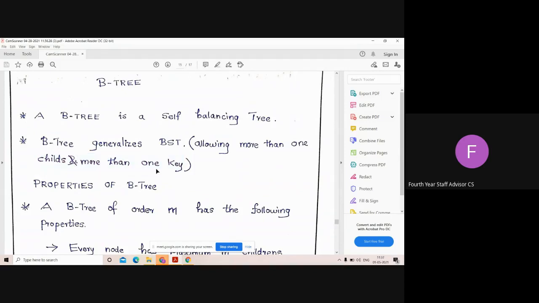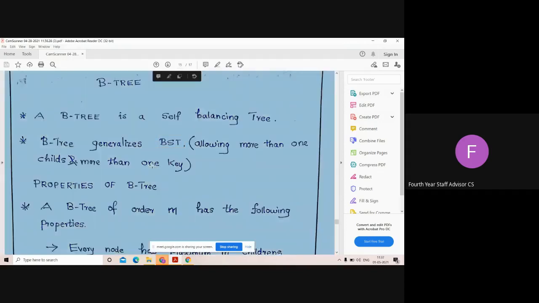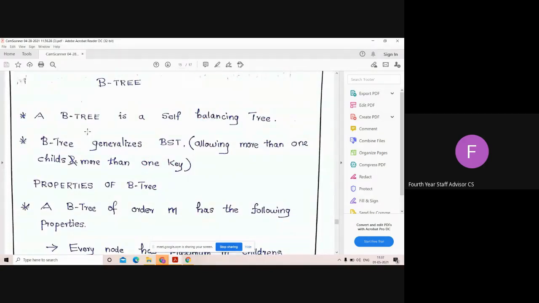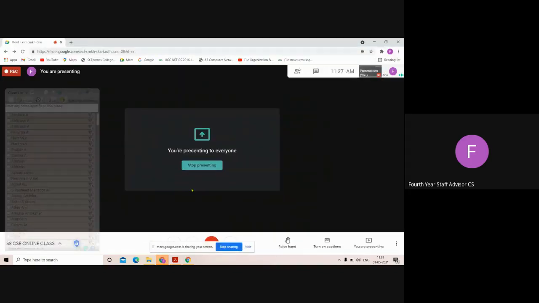But it follows the BST property, the binary search tree property. So it is called a generalized BST.